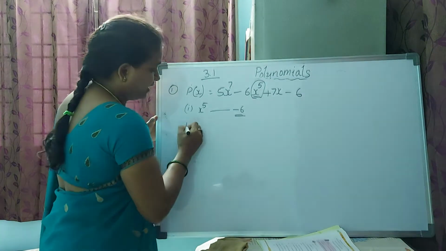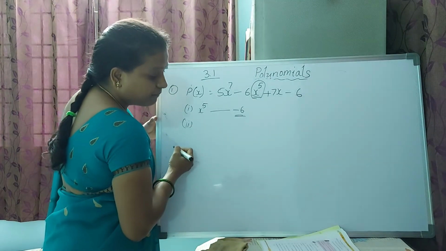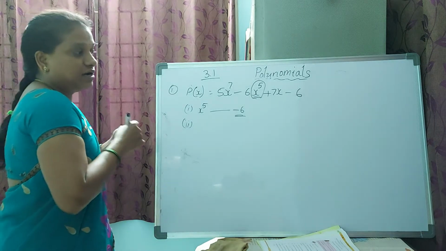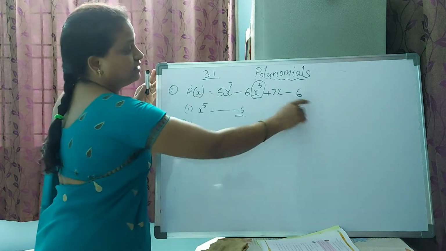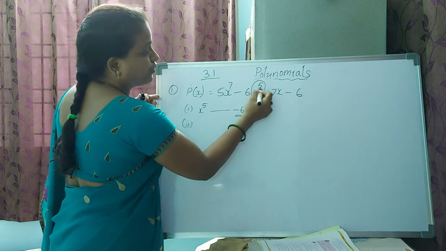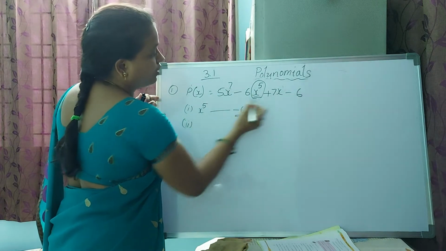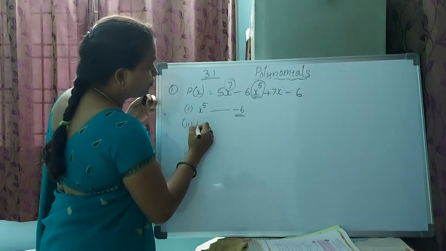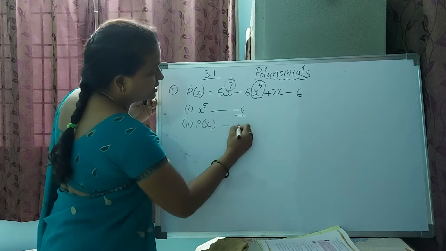Next, second question, the degree of P of x. What is the degree of this one? We have to take the highest degree of this polynomial. Which is the highest degree? Here 7, 5, 1, here 0. So the highest degree is 7. So the degree of P of x is 7.